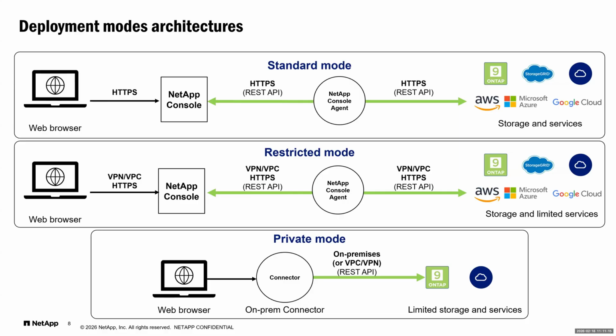This mode supports limited storage and services, and it's ideal for organizations operating in dark sites or environments with no internet connectivity. It ensures that all data and management activities remain within your local network. So let's look at the console agent specs.